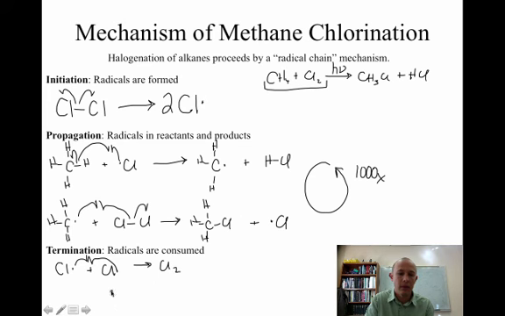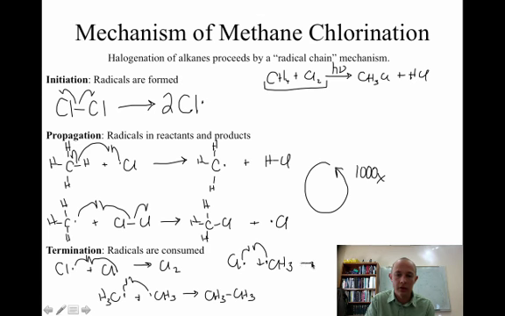We can combine two methyl radicals to give us very small quantities of ethane, or we can combine a chlorine radical and a methyl radical to give us one more molecule of chloromethane.